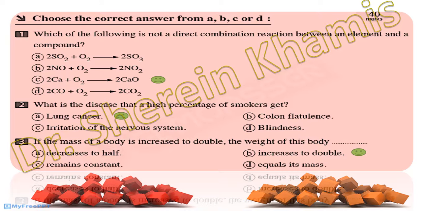We said that as the mass increases, the weight will increase. So this is a direct relation. Why is this a direct relation? As the mass increases, the weight increases too.